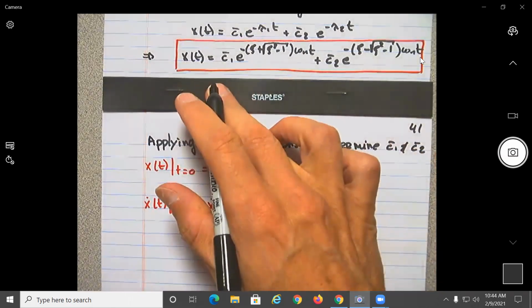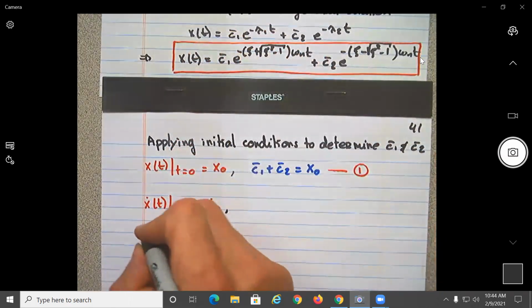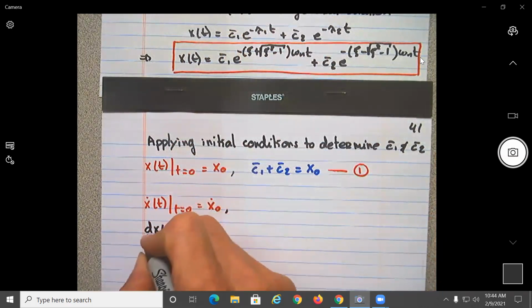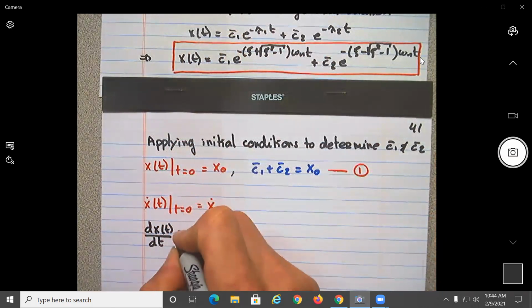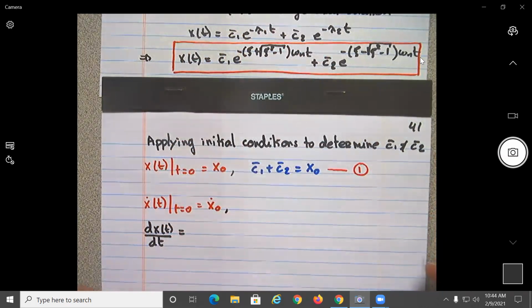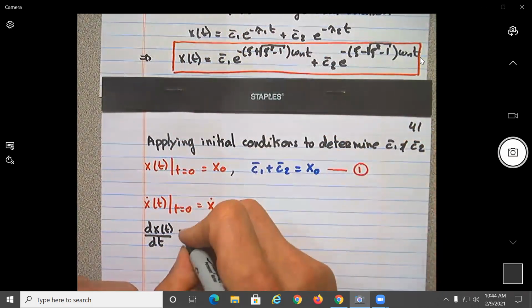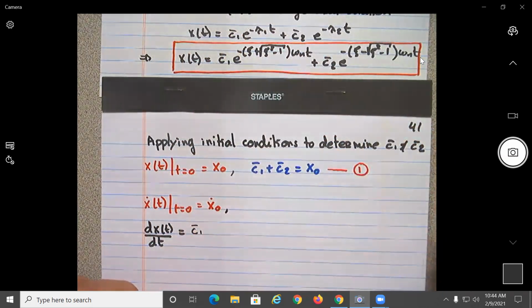If we have this equation here, we have that dx of t over dt will be equal to C bar 1 times all this term over here.